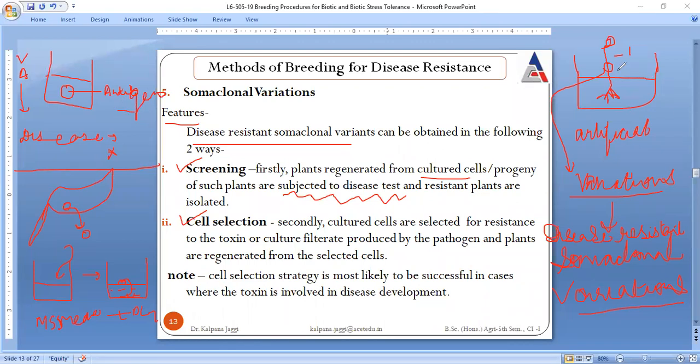If it is exactly consisting of a disease resistant gene, this is actually the antigen that will produce a particular kind of disease, right?